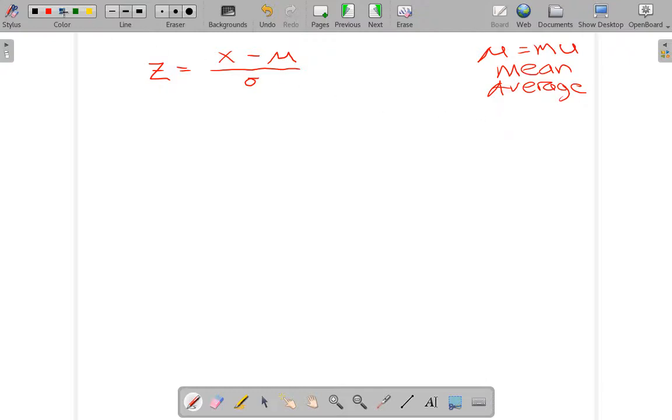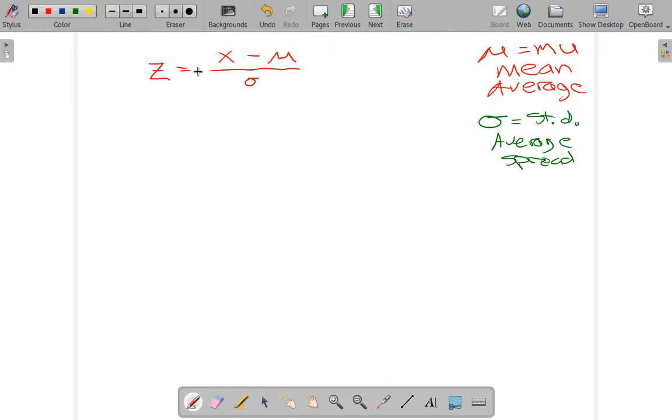And that symbol called sigma is the standard deviation, which is the average spread, or one measure of average spread of the data. Because some data is more spread out than others. Some's tightly packed, and again, you'll look at that in future math classes.